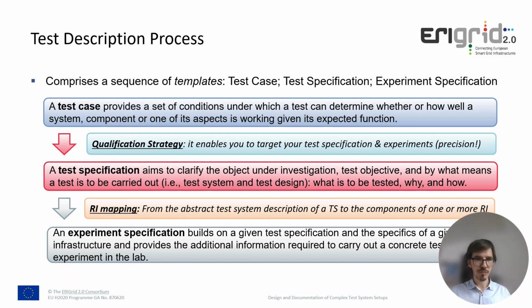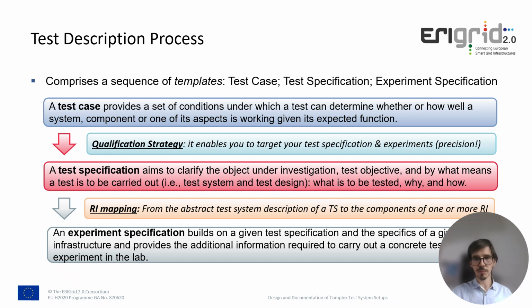So notably, the test case does not describe the lab setup at all. It motivates the test, and then when we go to the test specification, we still have more details to clarify before we can actually define the experiment setup. Together, these three templates, once filled out, can offer a very detailed documentation of a test.